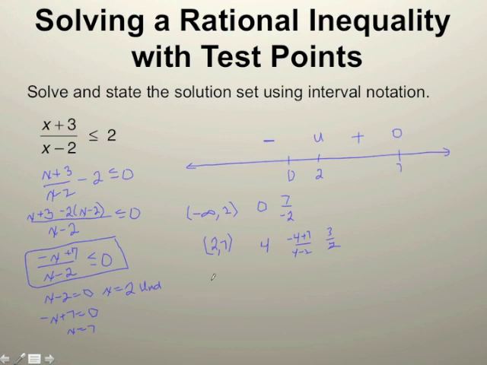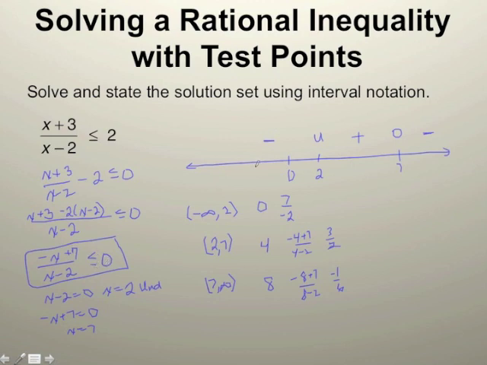And then we need something from 7 to infinity over here. So let's just use 8. So that'll give me negative 8 plus 7 over 8 minus 2, or negative 1 over 6. That's a negative. And we want this to be less than or equal to 0.